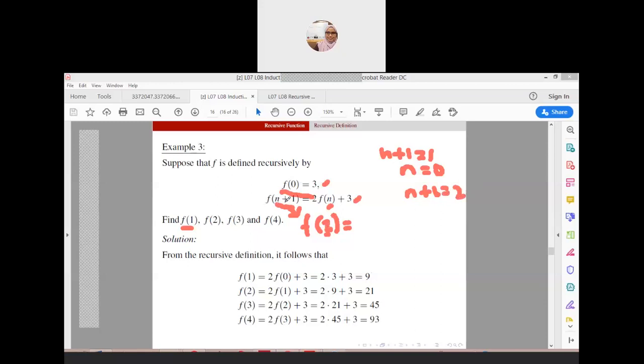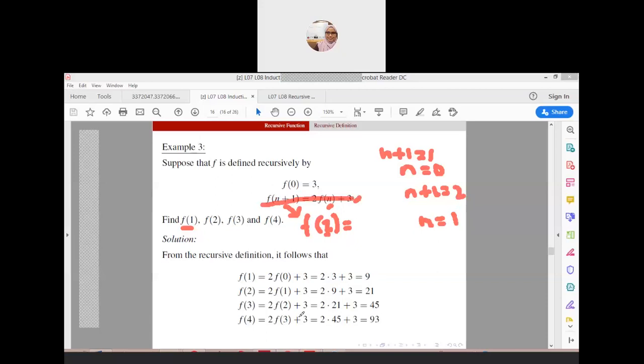This is n plus 1. So n is equal to 1. So f(2) is equal to 2 from this equation.